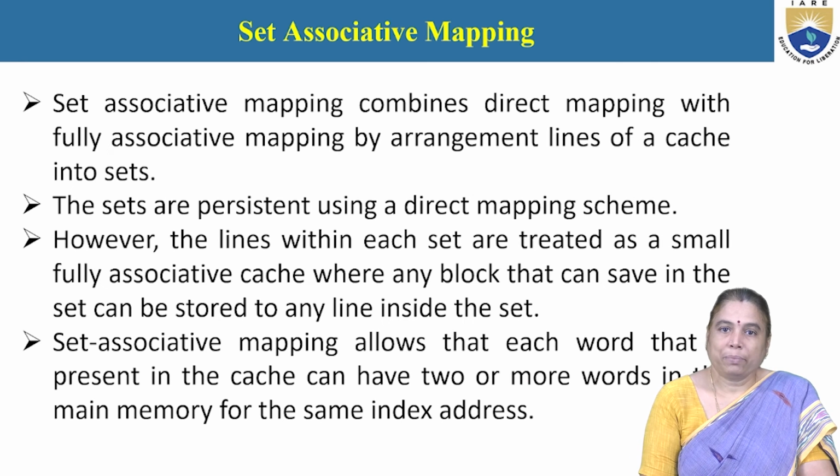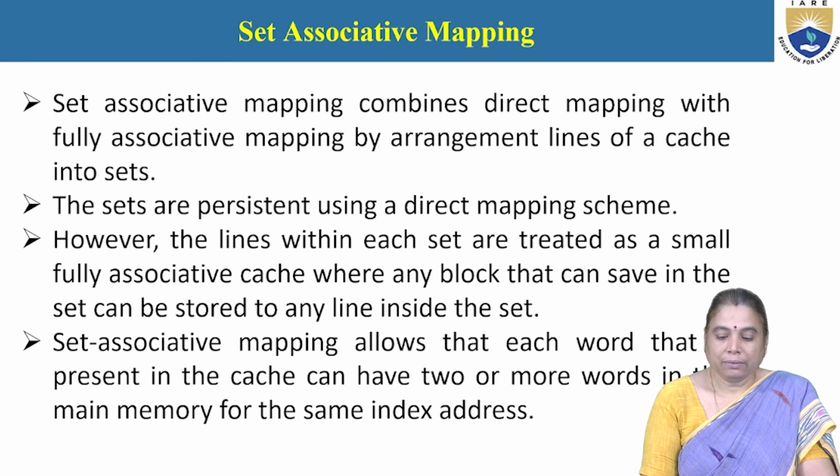The third mapping technique is set associative mapping. Set associative mapping combines direct mapping with fully associative mapping by arranging the lines of a cache into sets. The sets are persistent using a direct mapping scheme. So set associative mapping is a combination of direct mapping and associative mapping.